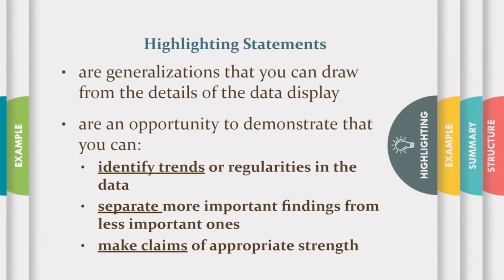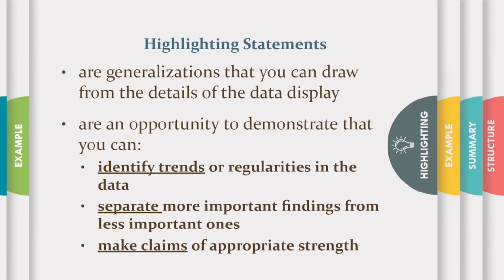So what you want to highlight in the whole web of data that you are presenting, there you have to pick your own highlighting statement. You have to separate the significant finding from all those findings that you have. So the next sentence after summary statement is the highlighting statement, where you also indicate a claim. That's why you highlighted a particular data, a particular information in the next sentence.